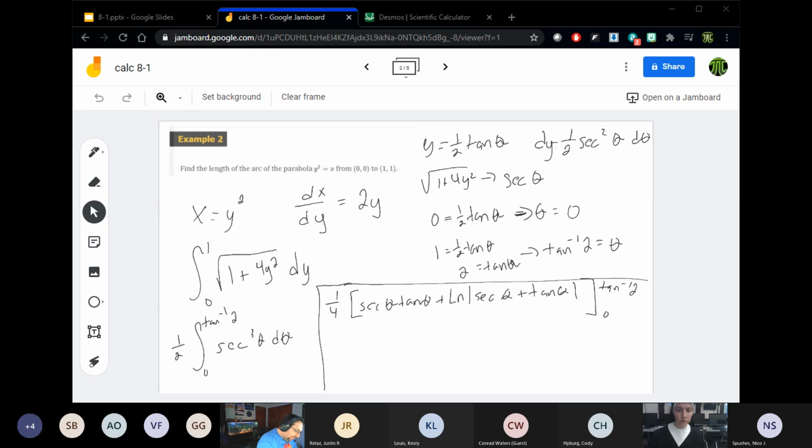So I know tangent of theta equals 2. So those are all the 2's. And I also know that secant squared theta equals 1 plus tangent squared theta. So that means secant squared theta would be 5, and secant theta would be the square root of 5.